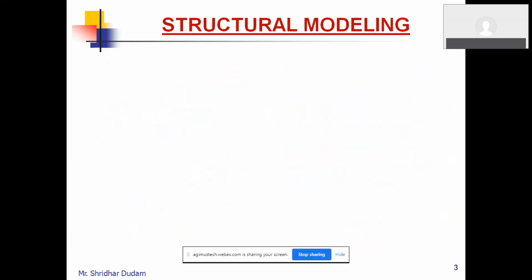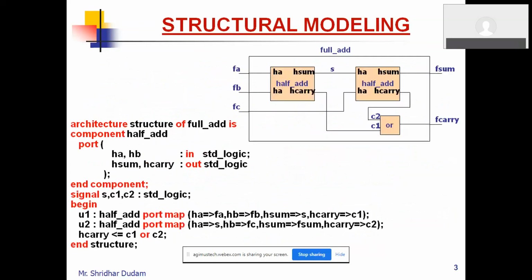For example, here I have shown an example of a full adder, which is being implemented using two half adders. In the coding, I have mentioned that I am using a half adder component, and by means of the port mapping, I have given how these are being connected, means how the sum goes, how the carry is being generated.